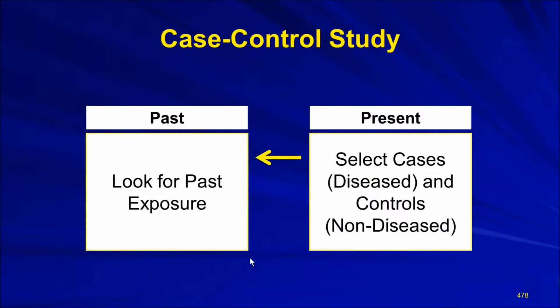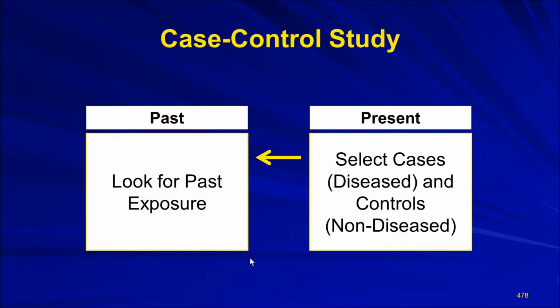Now, here it is done in a diagram. Present, what we do, we select cases with the disease and controls totally without the disease. So we want healthy people and we want diseased people. In epidemiology, what we usually do is we look for the most diseased.